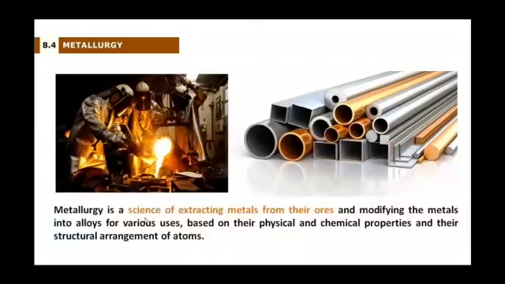Because aluminium is the lightest metal. And to enhance the strength of the aluminium metal, metals like nickel and copper are mixed with it to form an alloy. That's why in the definition it is said, modifying the metals into alloys for various uses.